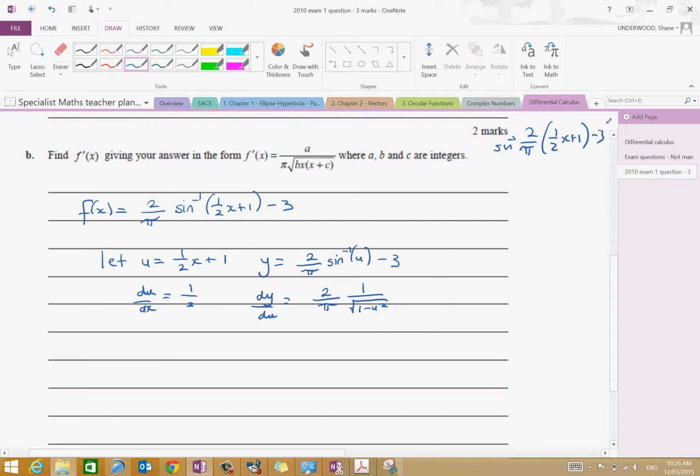Okay, so therefore, applying the chain rule now, f dash of x is equal to this times this, which isn't that those 2's going to cancel out? 1 over pi, the square root of 1 minus u squared. Now, u squared is a half x plus 1 all squared.